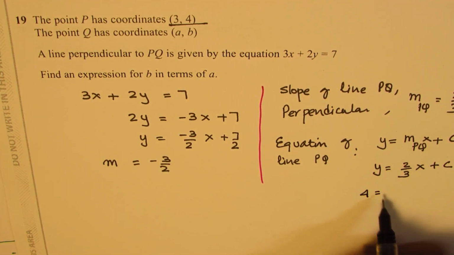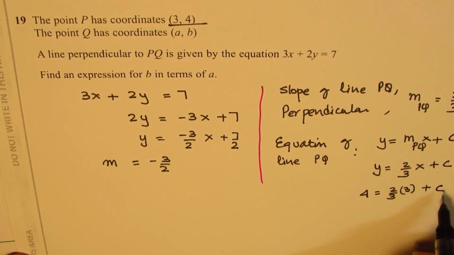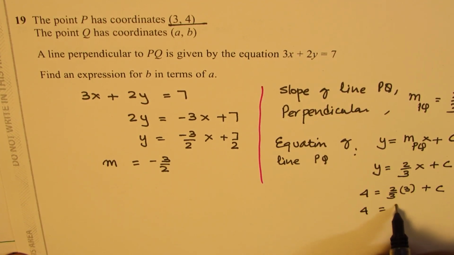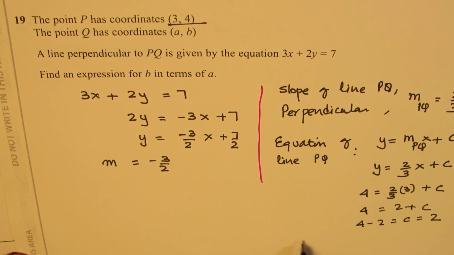So that means 4 equals 2 over 3 times 3 plus C, so 4 equals 2 plus C, or 4 minus 2 equals C, which is 2. So therefore, we get the equation as y equals 2 over 3 x plus 2, correct? So that becomes the equation in general.